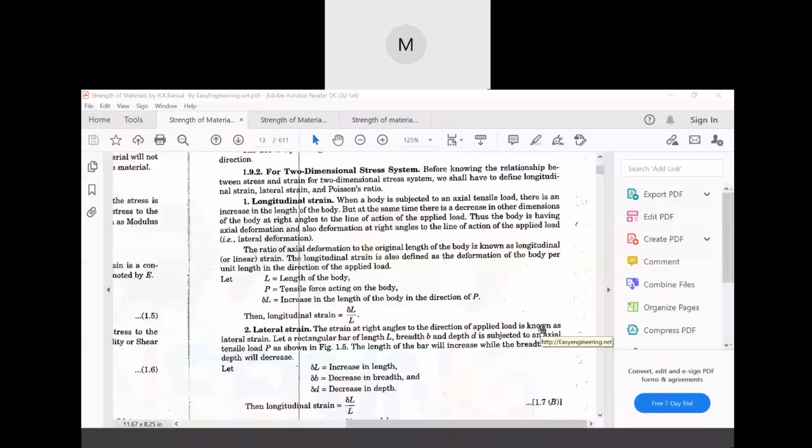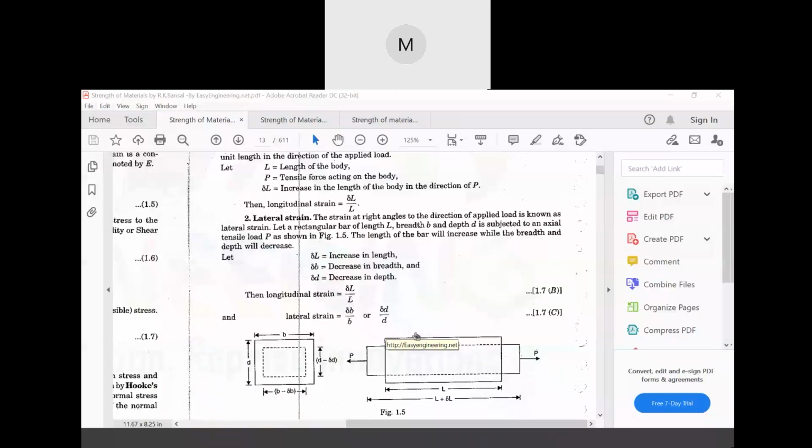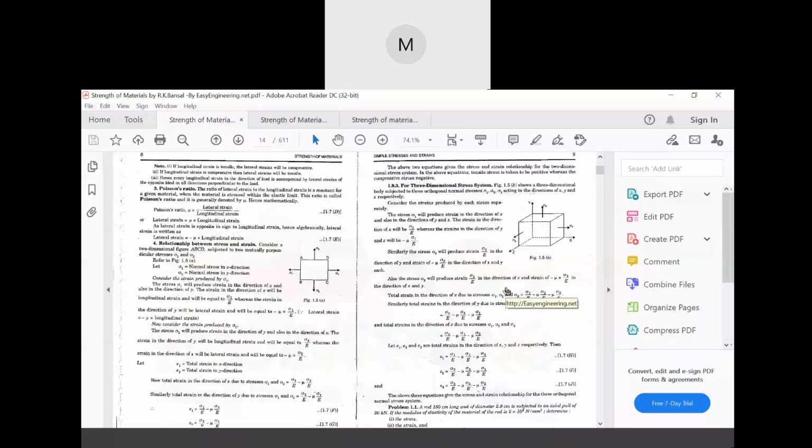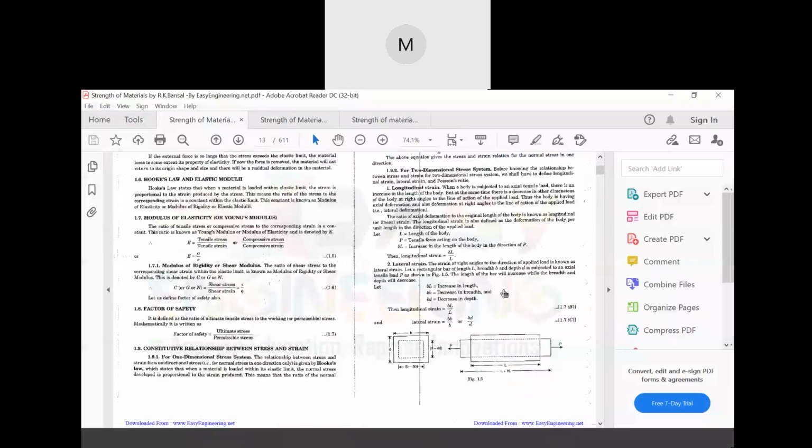And then lateral strain, the strain that is coming at the right angles, this is known as the lateral strain. So these are the two differences between longitudinal and lateral strain. Now we go to another important topic, that is Poisson's ratio.